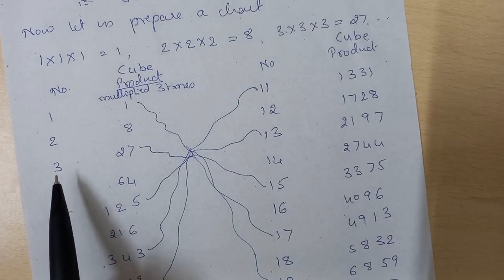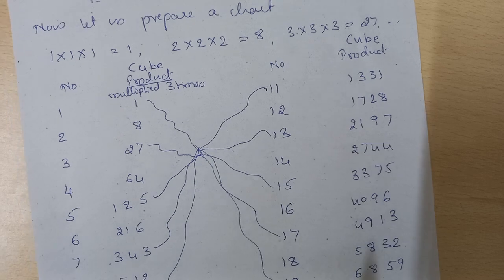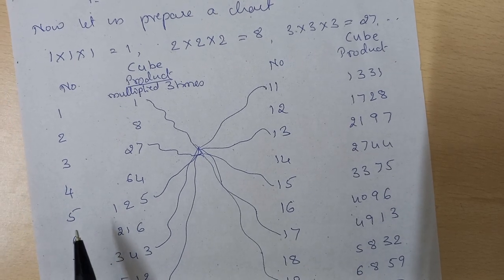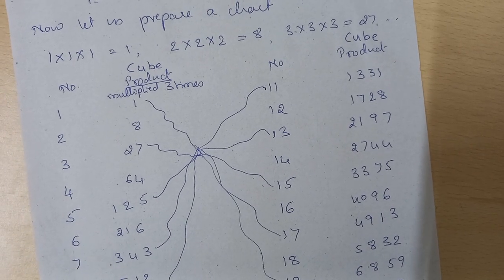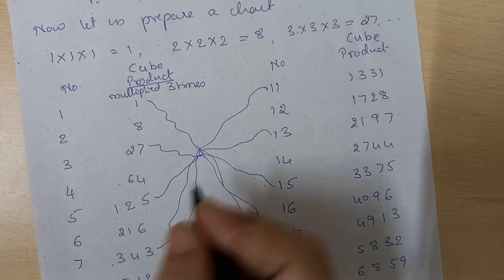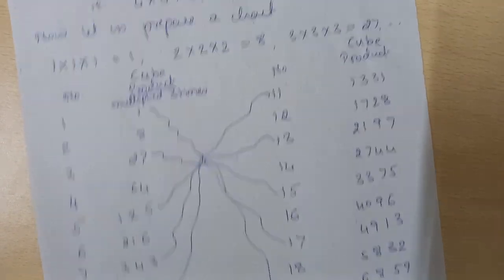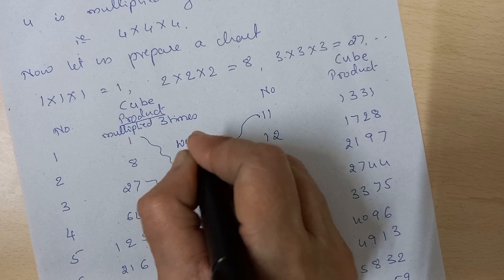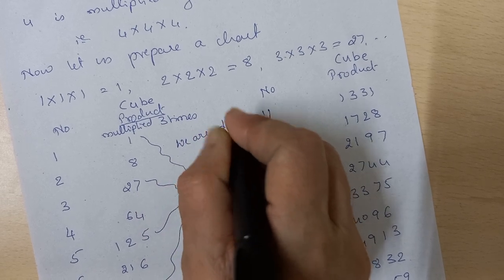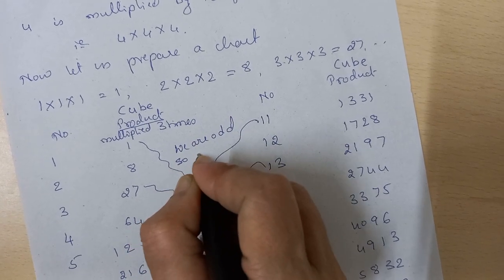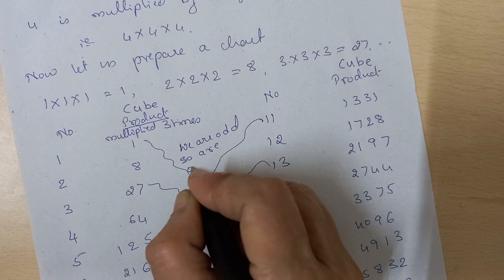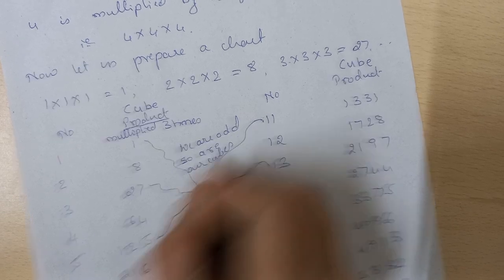If you divide 3 by 2, you will get 1 as the remainder. If you divide 5 by 2, you will get remainder 1. Therefore, these are odd numbers. And the cubes of these numbers are also odd. So, we are odd, so are our cubes.